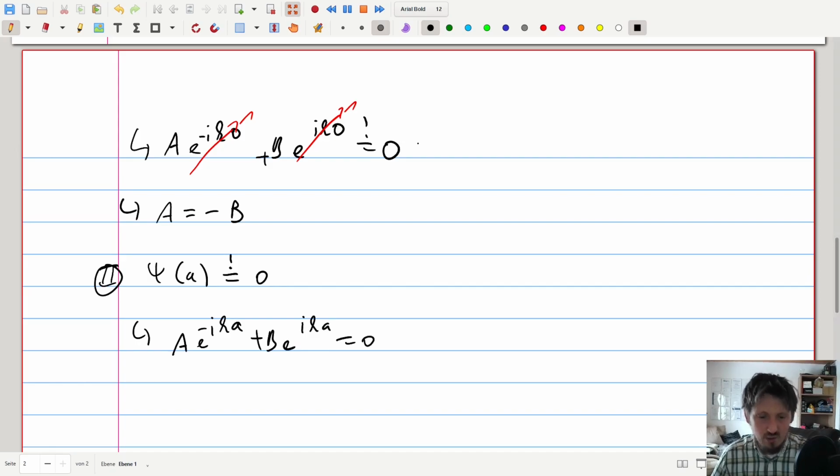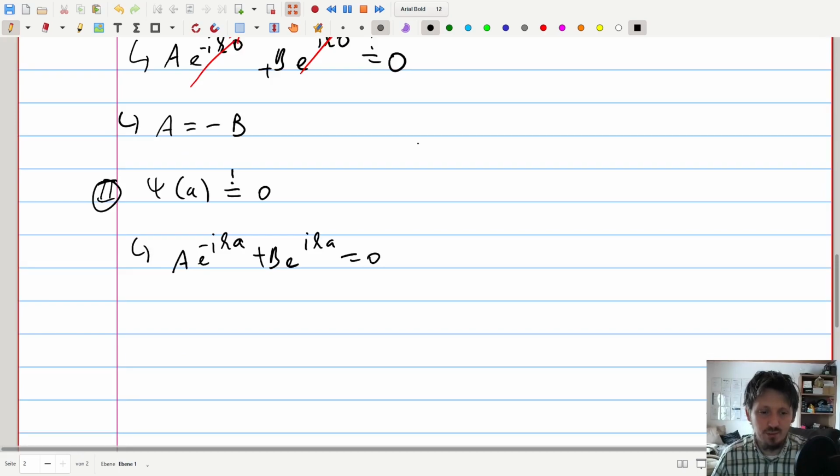And now we can actually use a trick here. Doing some calculations with this e function is a little bit tricky. But we know that there is a relation between these e functions and the sine function, the trigonometric functions actually.